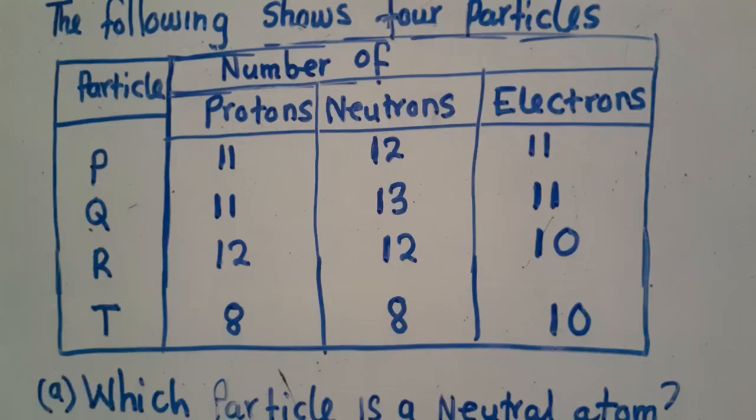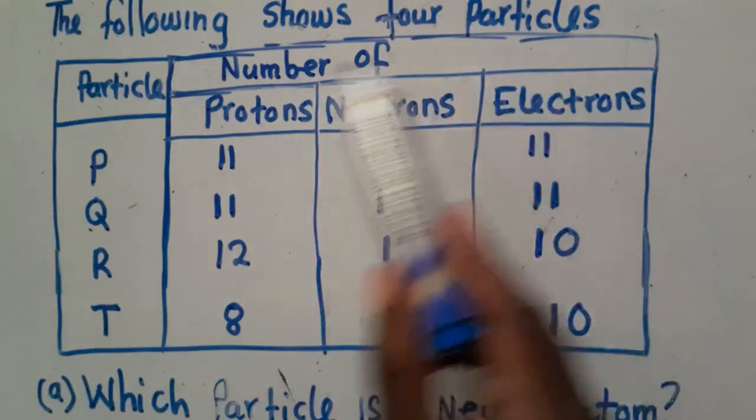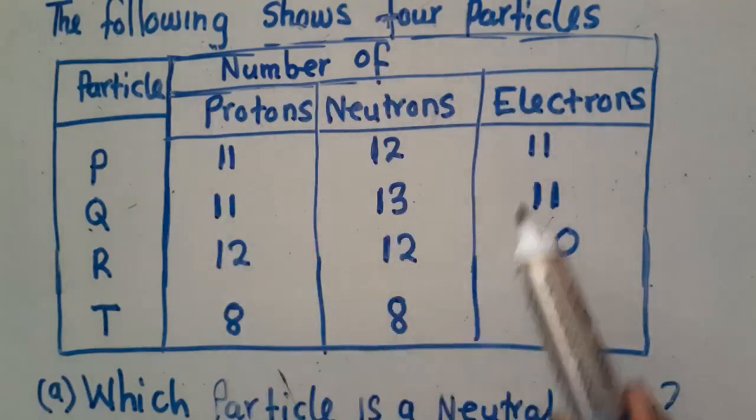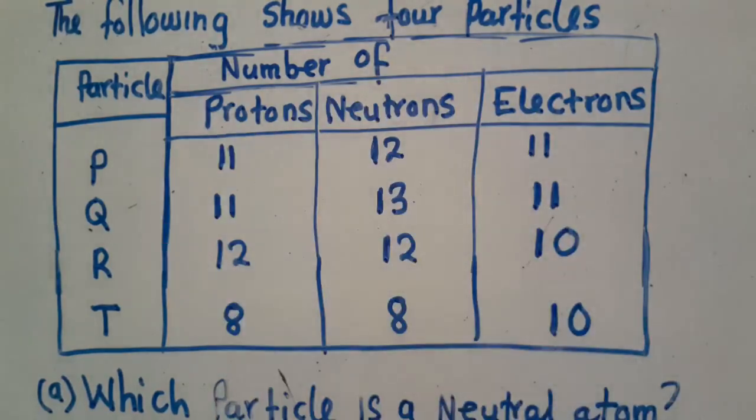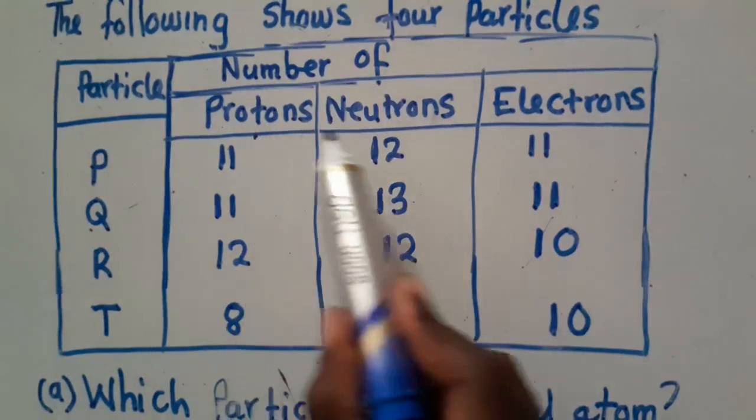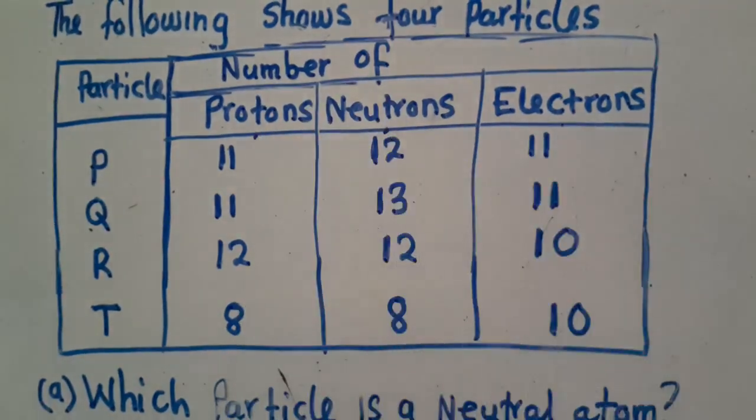This question came in the 2021 paper 2 ECZ. So we want to answer this question. The question is saying the following shows 4 particles. So this table is showing us 4 particles. We are given the number of protons, neutrons, and electrons.